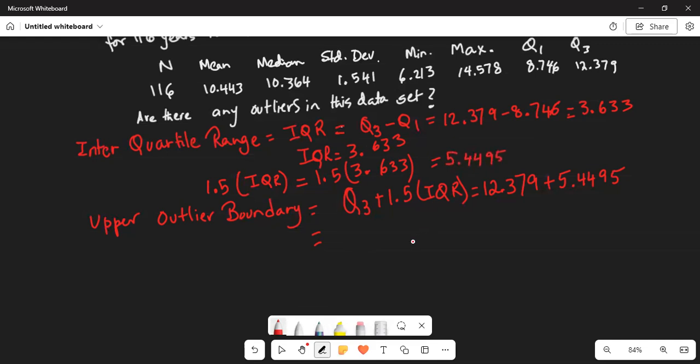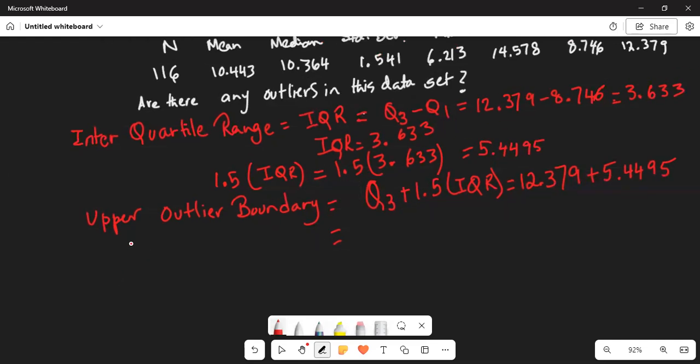Okay, so your upper outlier boundary is 12.379 plus 5.4495, which is 17.8285.